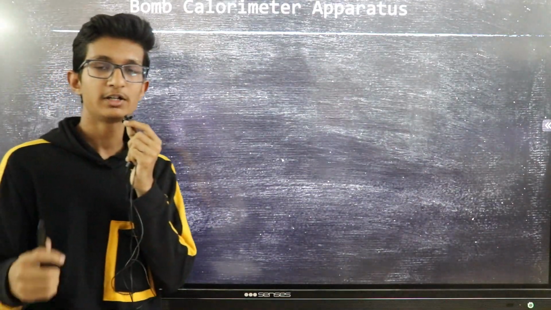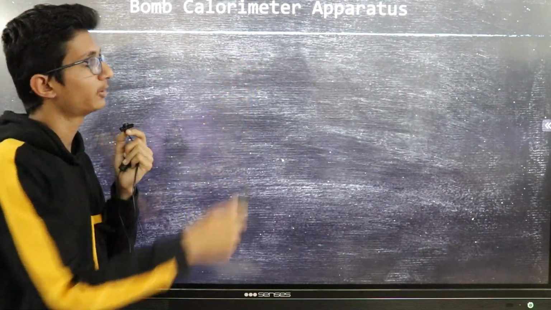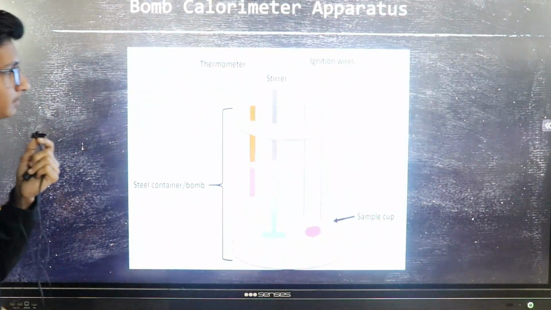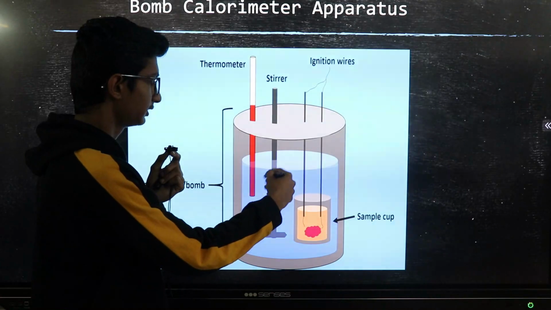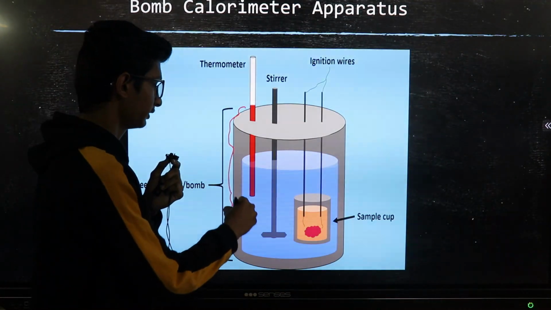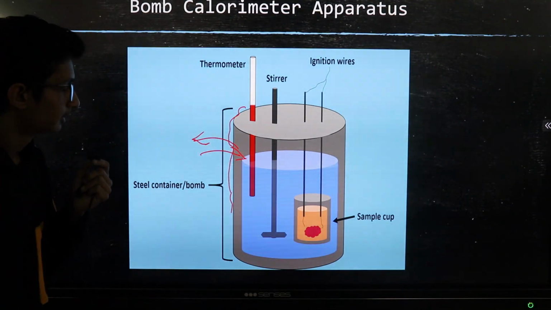The instrument used to measure the heat of combustion is known as the bomb calorimeter apparatus. Here is a diagram of it. This container has water inside, and the bomb is an adiabatic container, so heat cannot go inside or come outside.